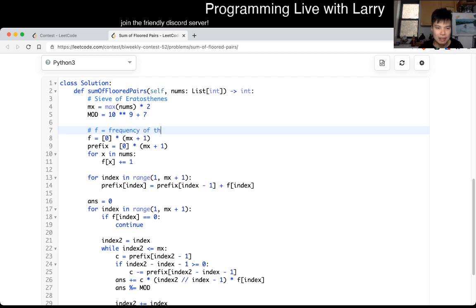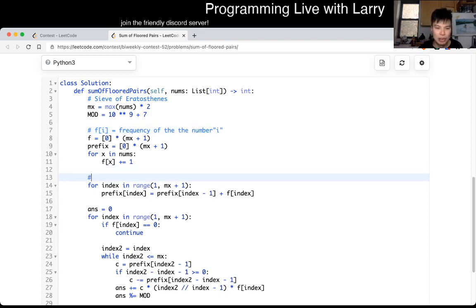F sub i is equal to the frequency of the number i, and prefix of i is equal to the frequency of all the numbers less than or equal to i.